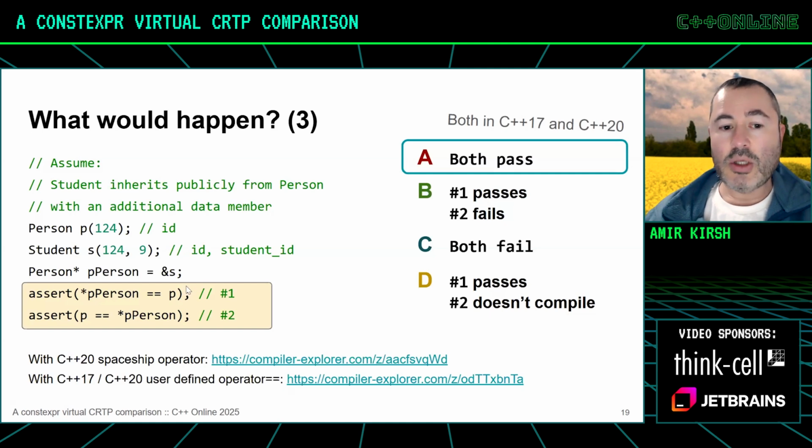Since this is not a virtual function, we call the comparison operator of person to person, which only looks at the first attribute, and they are equal in both cases. In either 17 or 20, or the spaceship operator, whatever. If you do the default, or you implement it, it's the same.